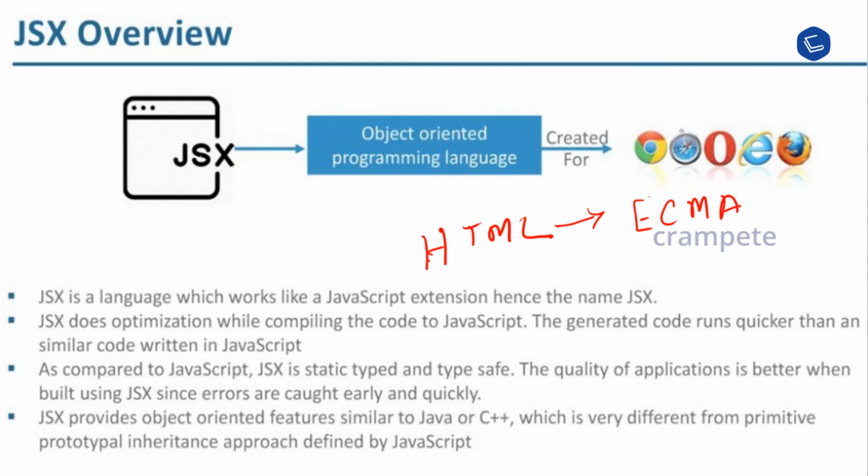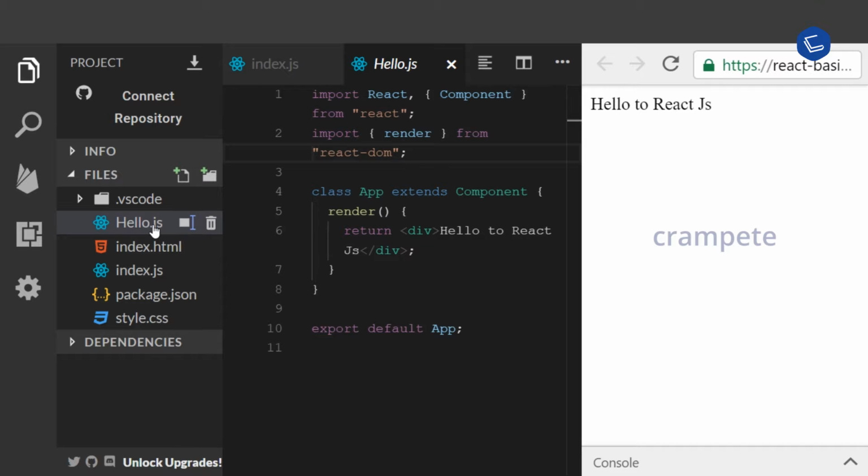The respective JSX file will have an extension of .jsx or .js. Let me demonstrate with a simple example. Consider the file name hello.js. It can have a file extension of .jsx or .js.